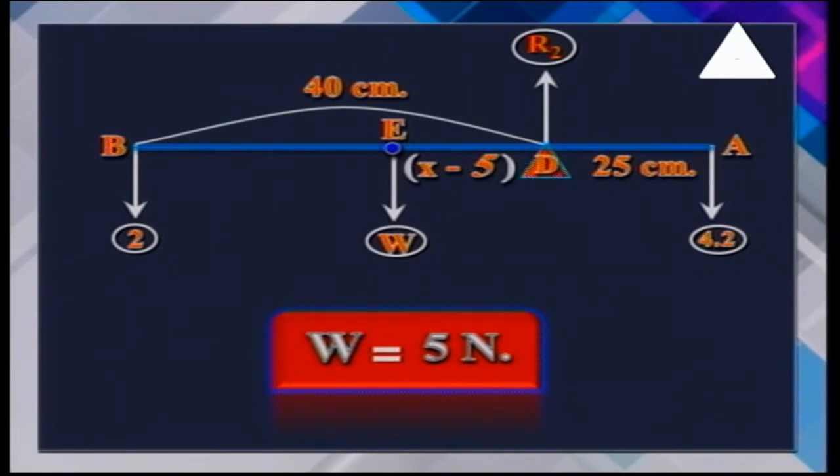Then we deduce the weight of the rod AB equals 5 Newton by using two equations. The first equation, moment about C; the second equation, moment about D. We deduce two equations in X and W. By substitution, we find the value of the weight of the rod AB equals 5 Newton.